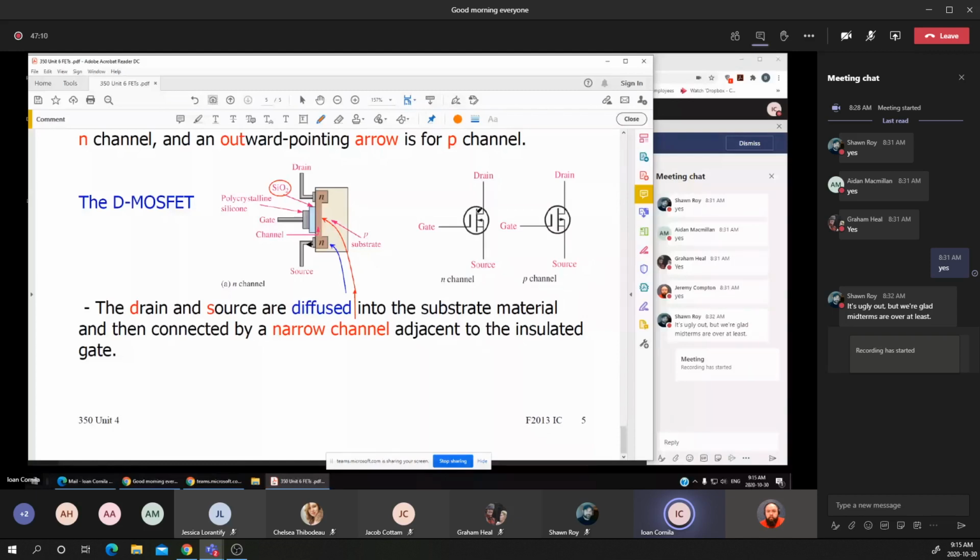If we are applying a positive on the gate, we are having the E mode, or the enhancement mode, between the drain and the source. That means we may have a large current that flows between the drain and the source.